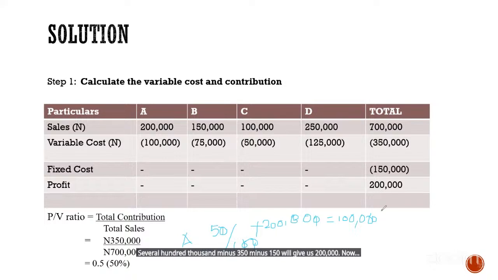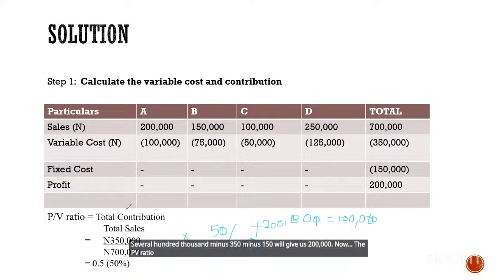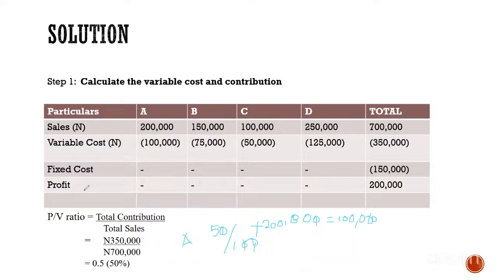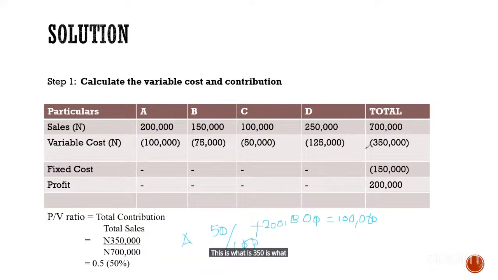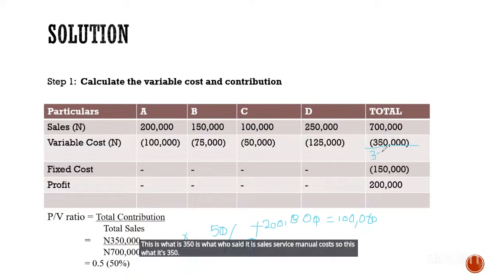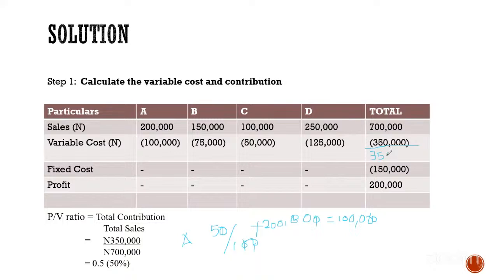Now, the PV ratio equals total contribution divided by total sales. So what's the total contribution? It is 350, because contribution is sales minus variable cost. 700 minus 350 is 350.